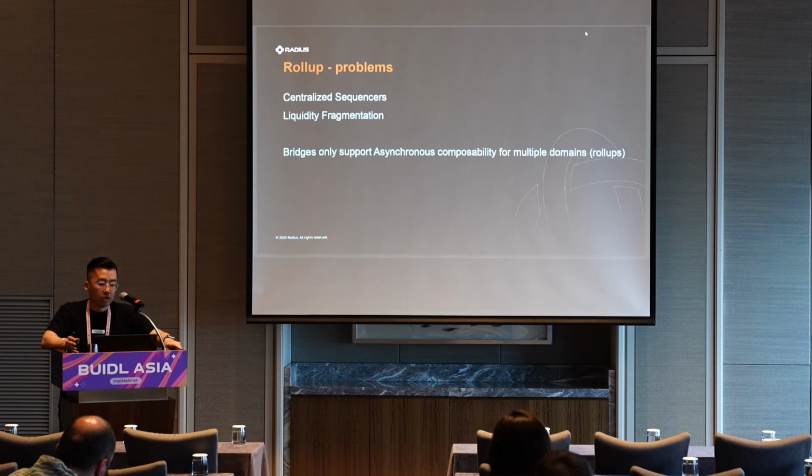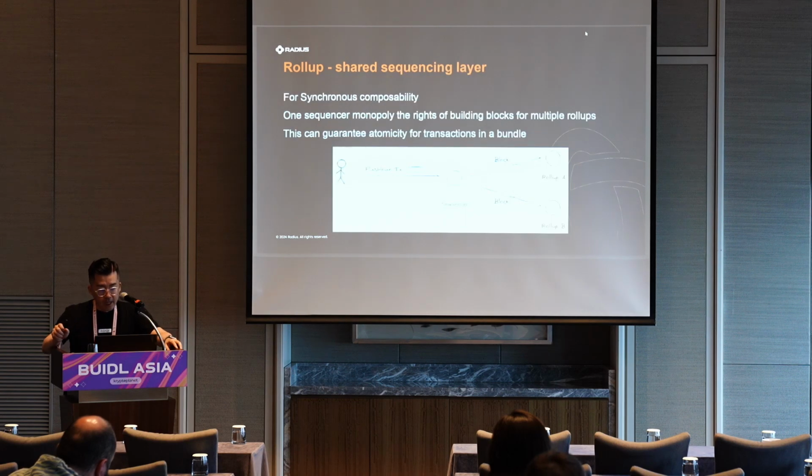These bridges only support asynchronous composability for multiple domains or rollups, which means that if you want to move assets from rollup A to rollup B, it takes so much time to get finalized. So that's why the shared sequencing layer concept came out.